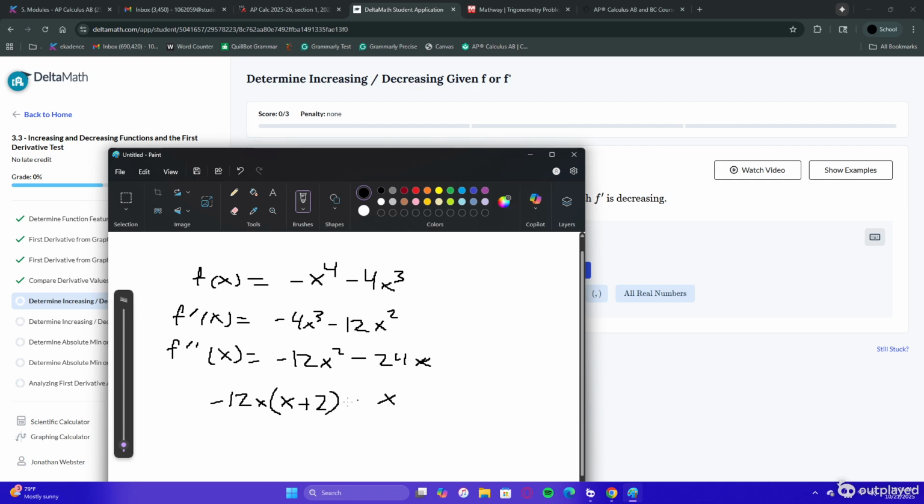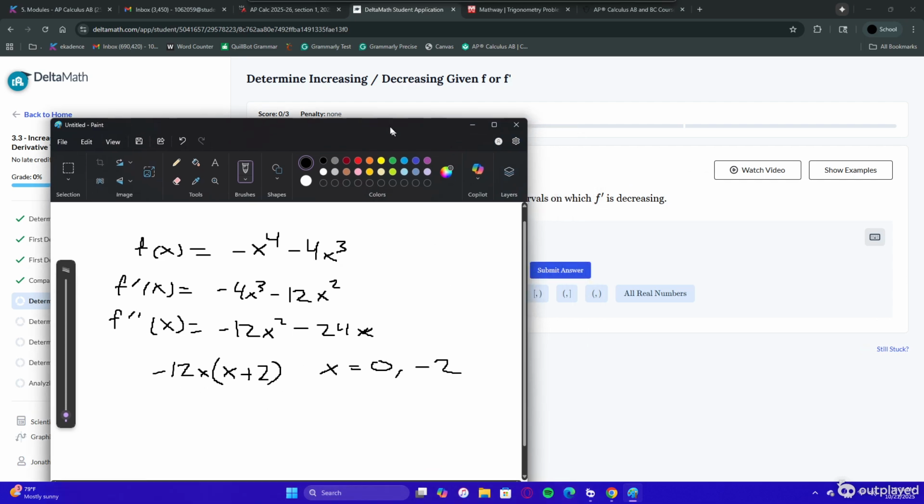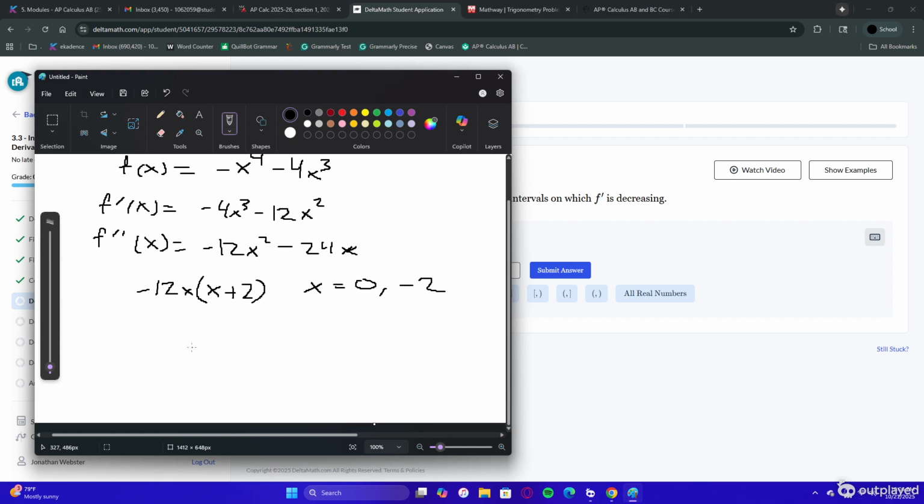So x would be 0 at x equals 0 and x equals negative 2. Now we can plug into f double prime using our x values, negative 2 and 0.